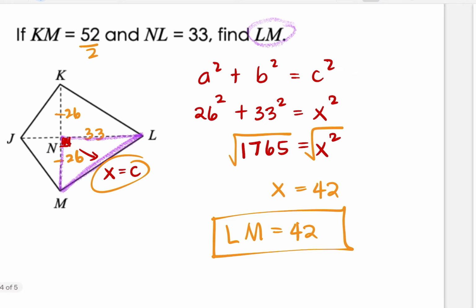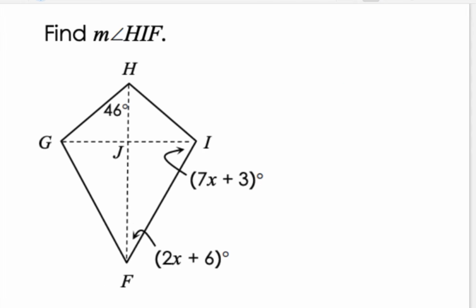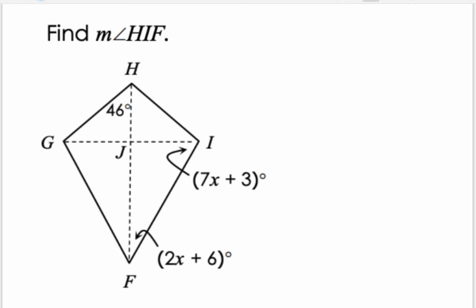Let's try another example. This time we are asked to find an angle. So the angle is missing, and so what do we do? We are going to label, take a look at what we have at this time.